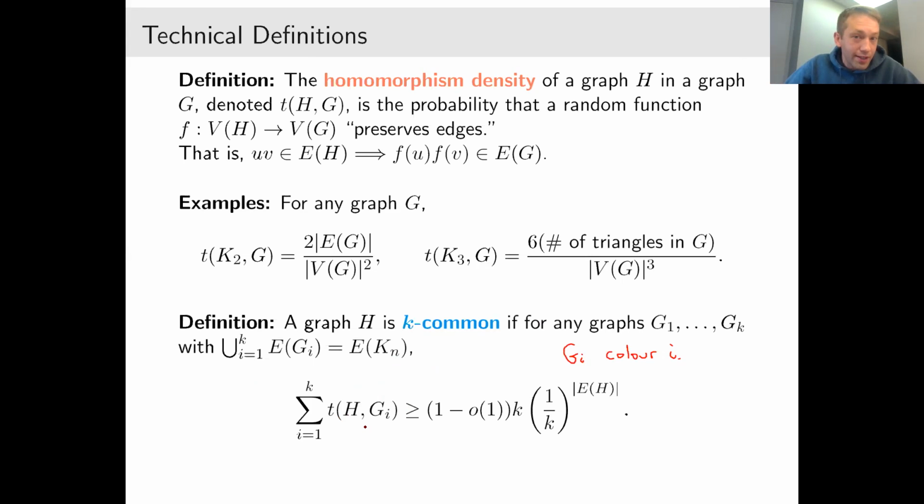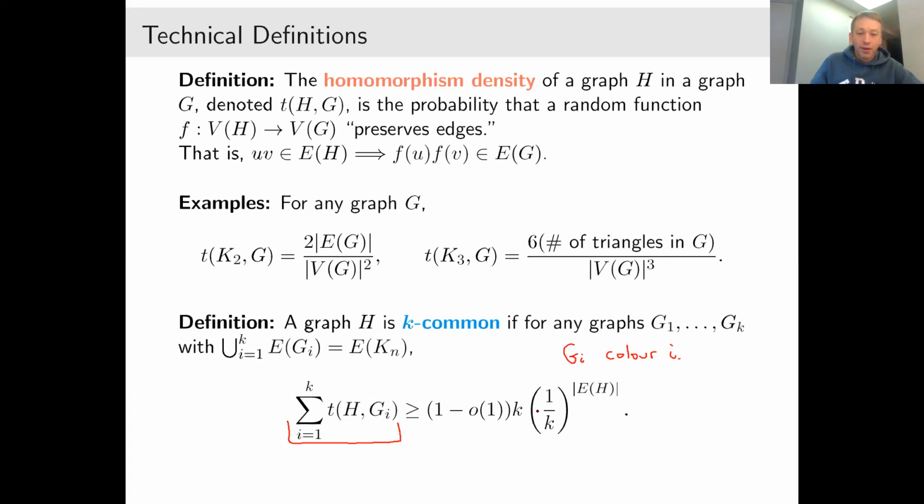How do we do that? Like I said, we're doing that in terms of the homomorphism density. This is just the sum over all of the colors of the number of copies of H where all the edges have that color, essentially. That's at least how you should think of this. So, the sum over all i of the density of H in Gi, and we want this to be at least as large as in a random coloring.